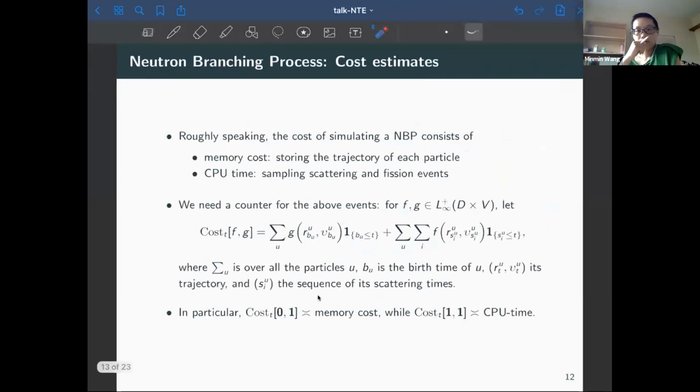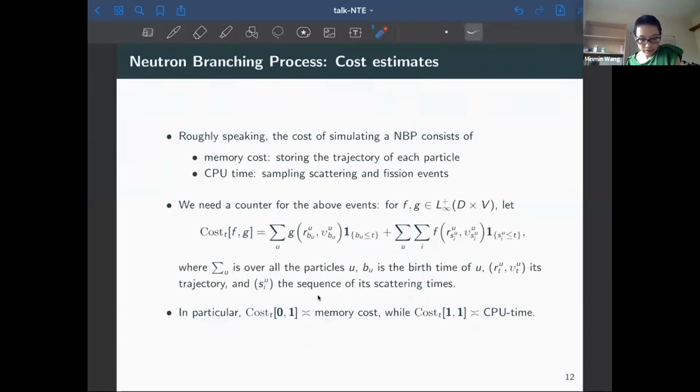So I said we also want to look at the complexity of the algorithm. For us, this translates to the question of how much a simulation of the NDP costs. If you look a bit more carefully at the algorithm, we see there are two aspects of the cost.